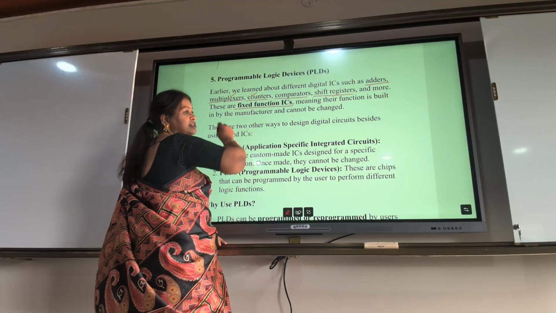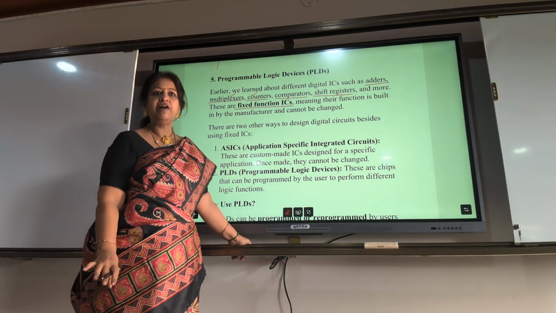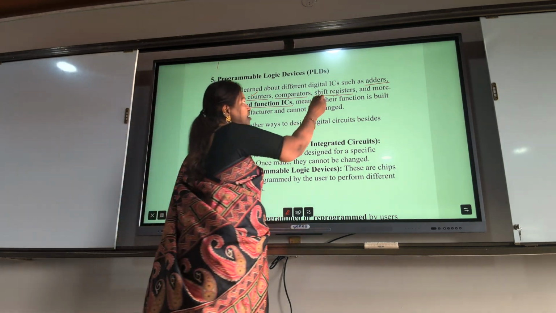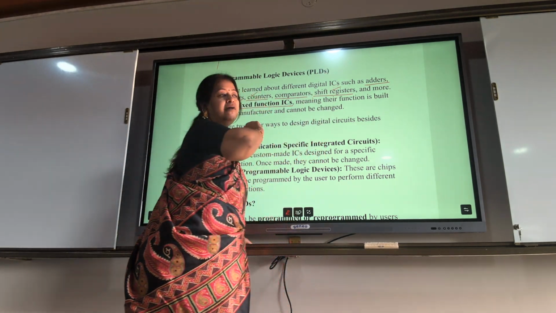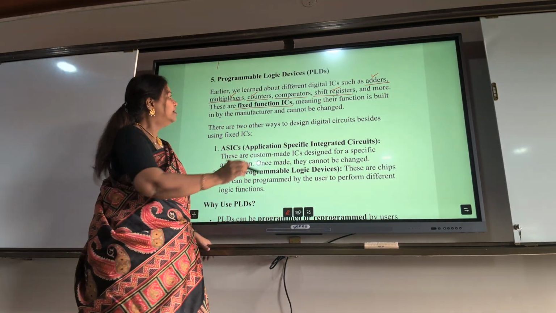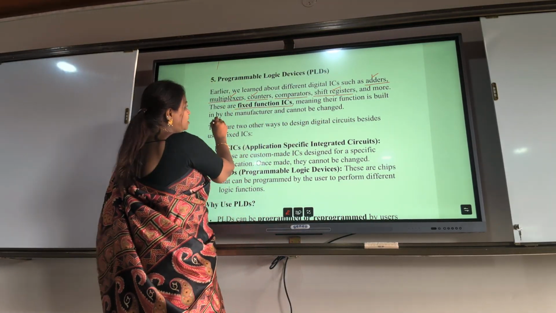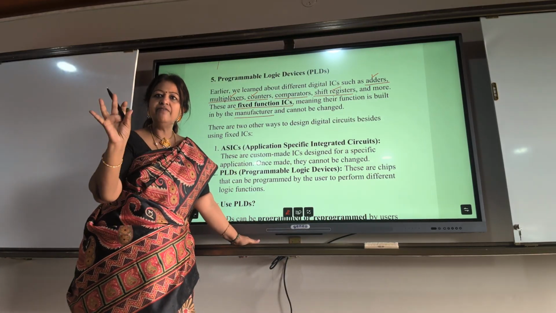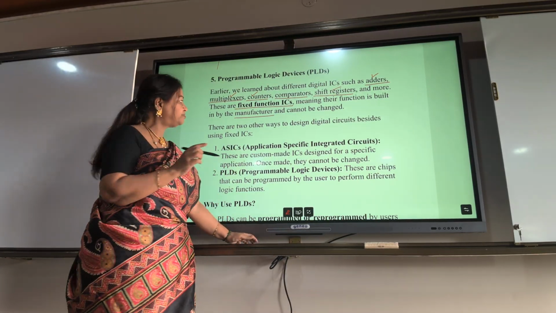If it is designed for a multiplexer, it will work as a multiplexer only. I cannot make a shift register work as a comparator, or an adder work like a comparator. It is fixed, meaning that function is built in by the manufacturer. The manufacturer will put everything and give it to us, and it will do only that function.